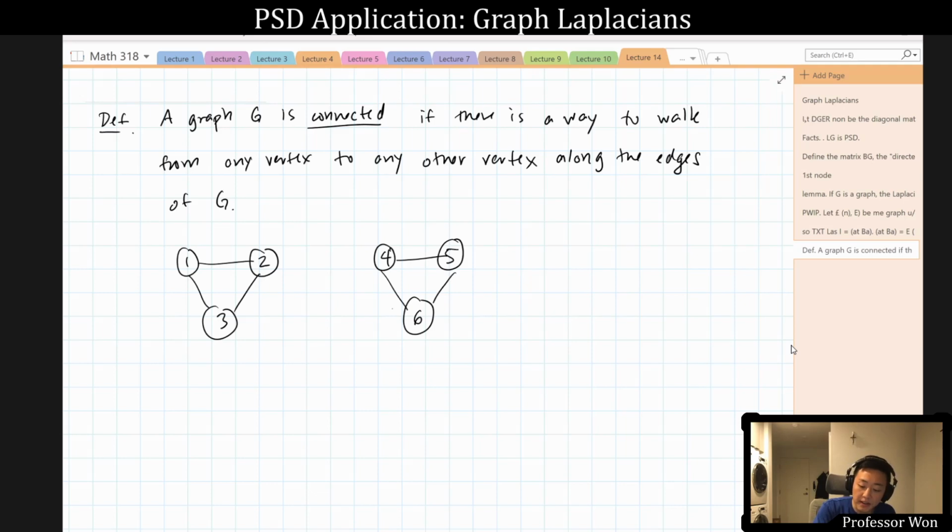This is an example of a non-connected, or disconnected, graph on 6 vertices, because you can't get from vertex 1 to vertex 4 by walking along edges.